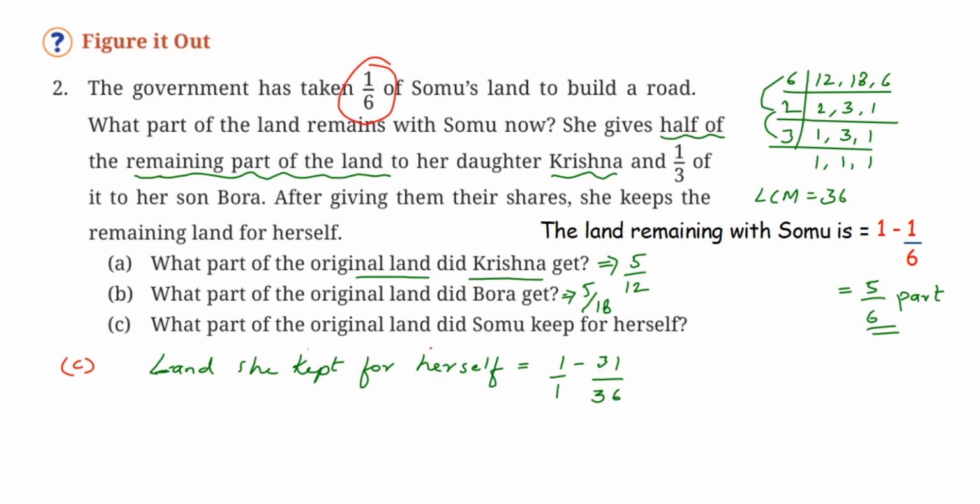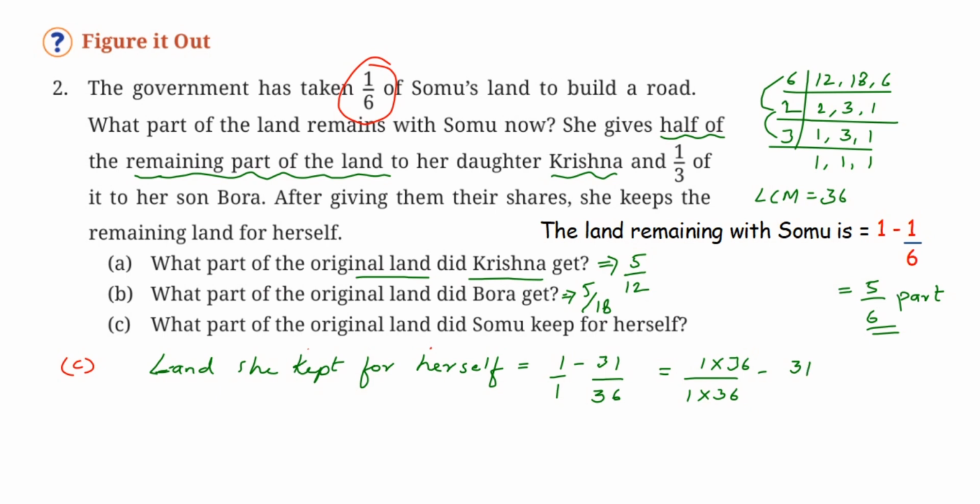Or you can subtract in this way. 1 we can write as 1 by 1. Now make it like fractions. To do that, we have to take the LCM. LCM of 1 and 36 will be 36. So we have to change the first fraction with 36 in the denominator. So find the equivalent fraction. Multiply the numerator and denominator by 36. So 1 times 36 in the numerator and the denominator, and in the second fraction we have 36 in the denominator.